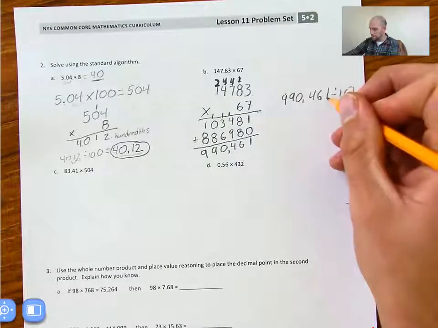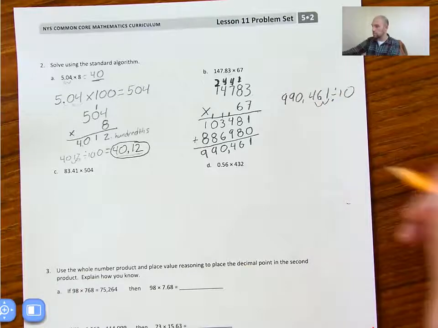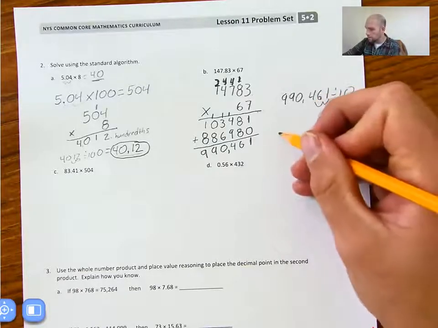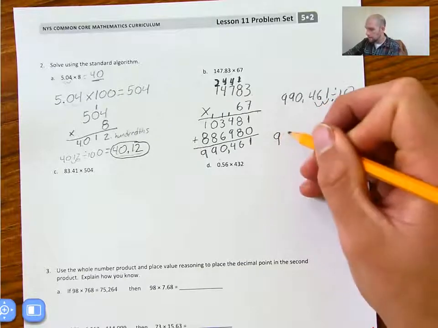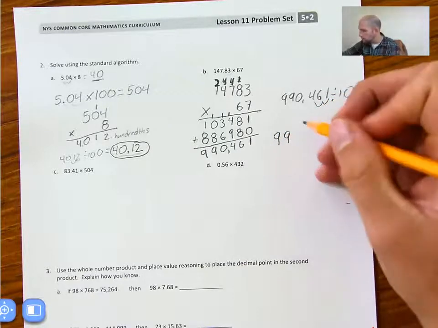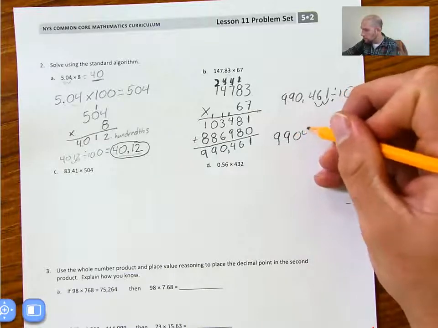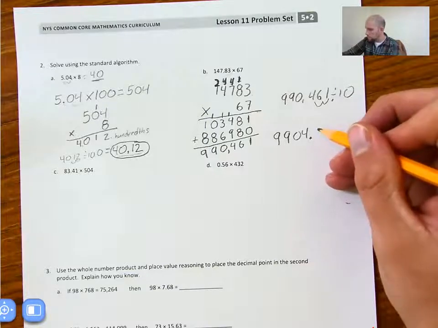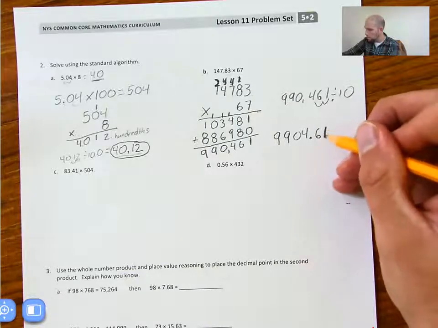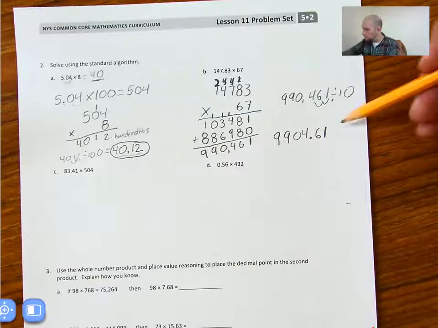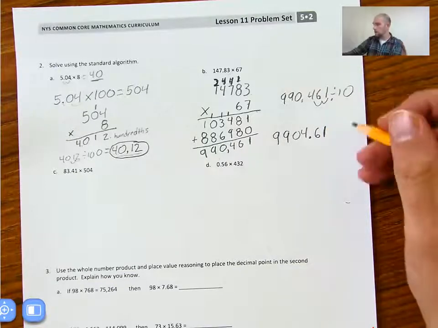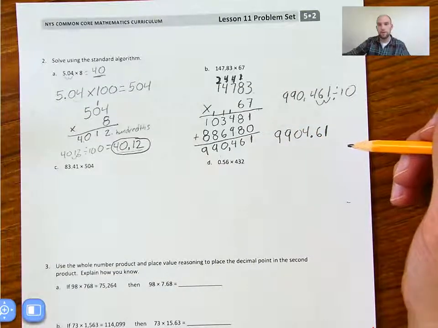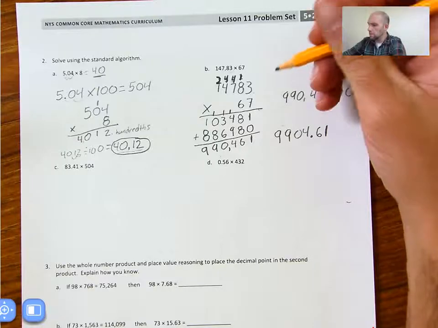When we divide by 100, we're going to move our decimal point 2 places over, which leaves us with 9,904 and 61 hundredths.